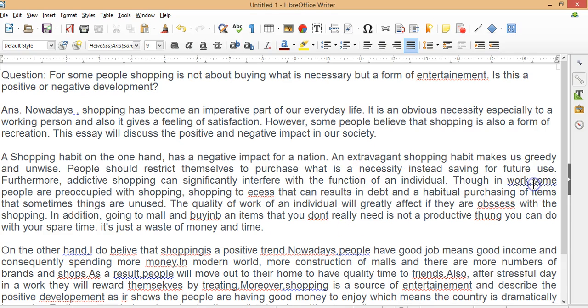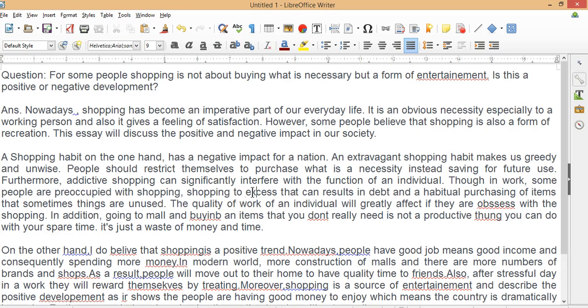Though in work, some people are preoccupied with shopping in work. Shopping to excess that can result in debt and habitual purchasing of items that sometimes things are unused.